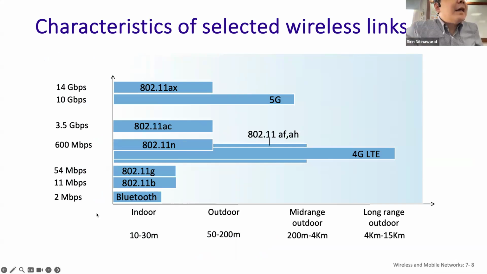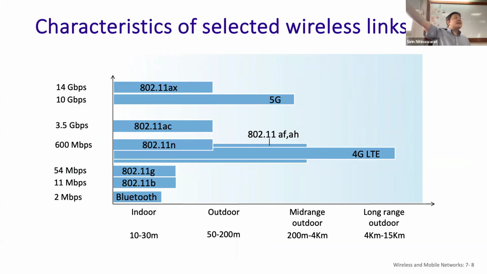This picture summarizes the two important wireless networks. Which ones are cellular, which ones are Wi-Fi? Can you tell me? How do I differentiate between them?